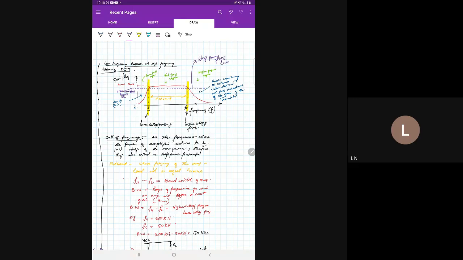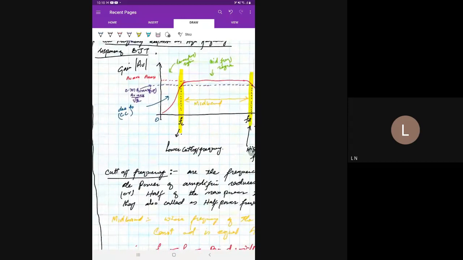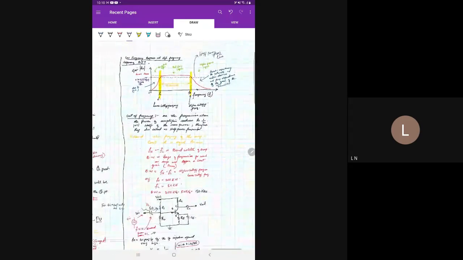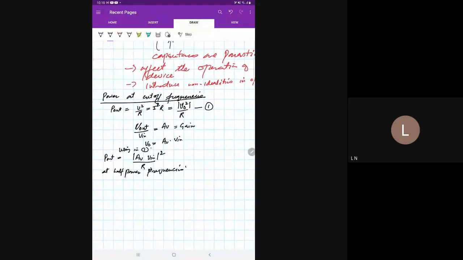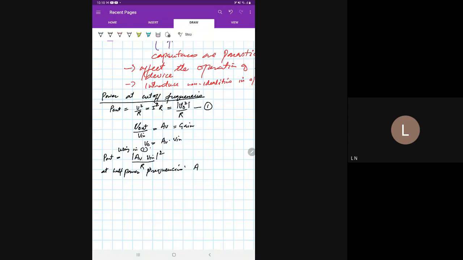At half power frequencies, the gain is AV max by root 2. We know that AV is equal to AV max divided by root 2.